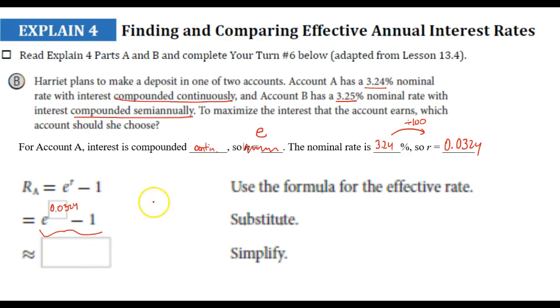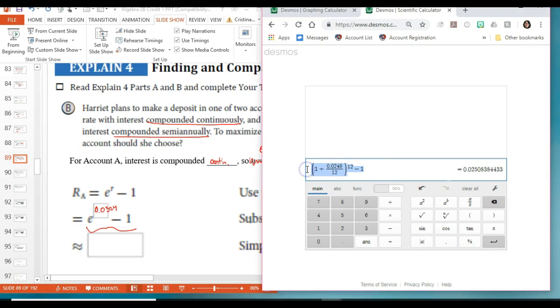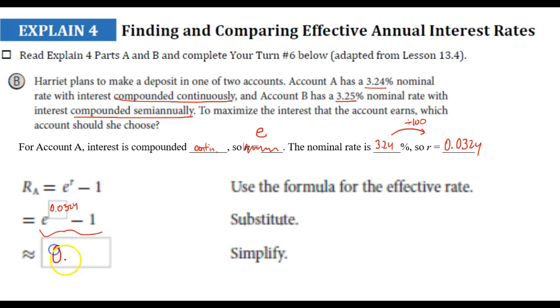Let's use our Desmos calculator to work that out: e to the 0.0324 power, take away 1, which is about 0.03293. We'll record that on our paper.